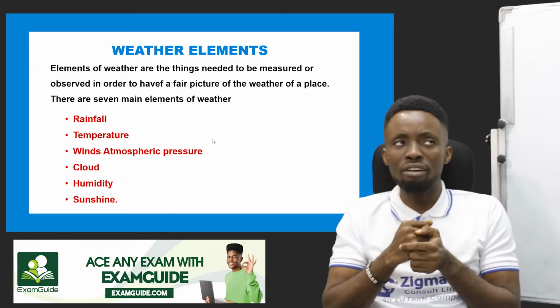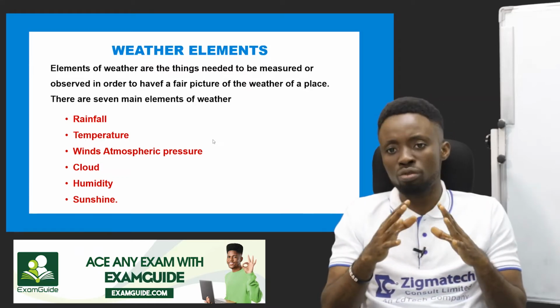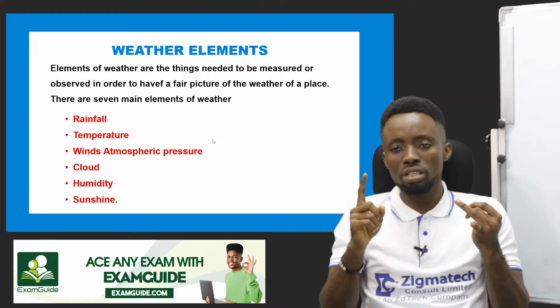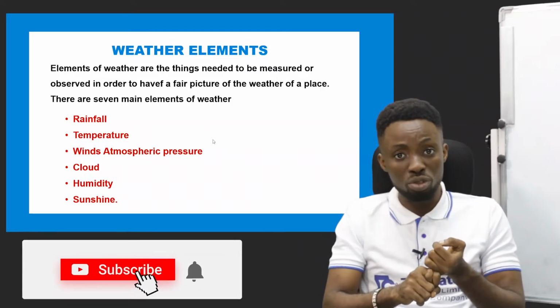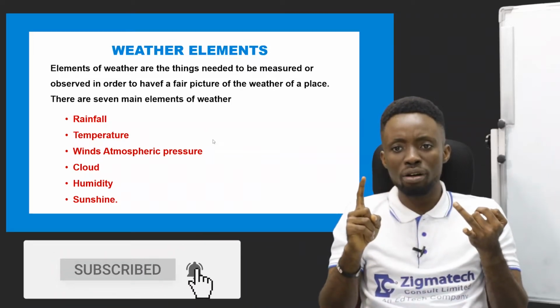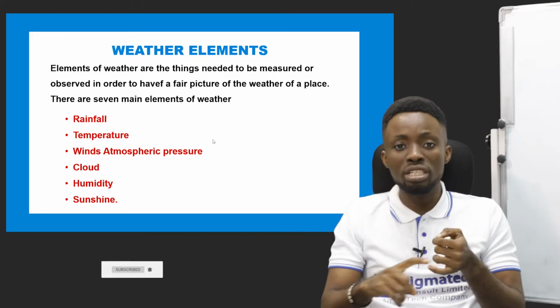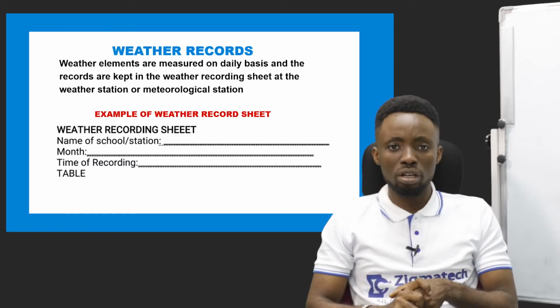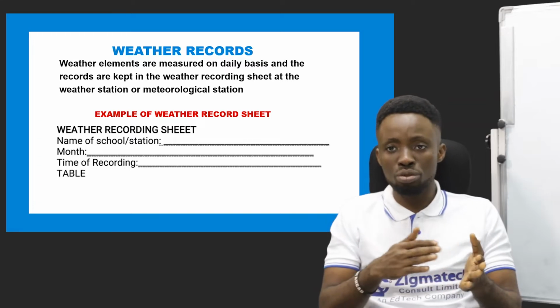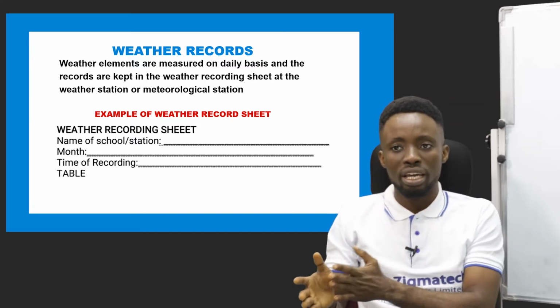And we have 7 main elements of weather. They include rainfall, temperature, wind, atmospheric pressure, cloud, humidity, and sunshine. So let's go over to those weather elements.